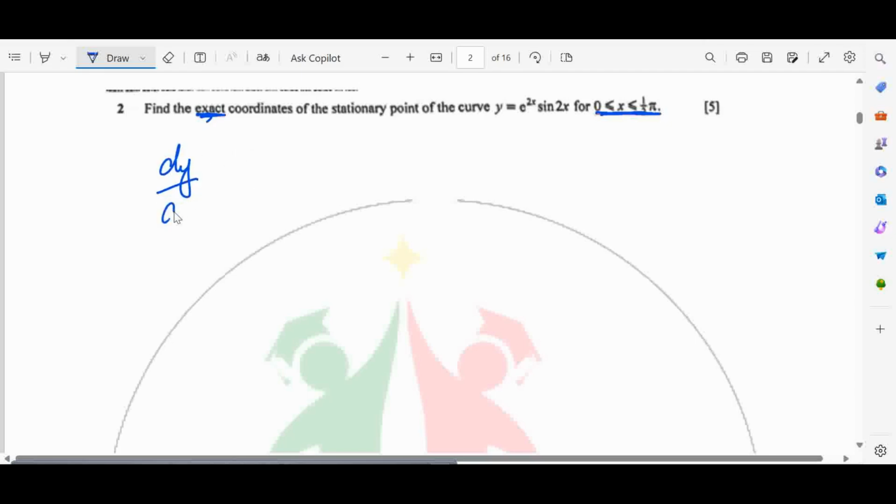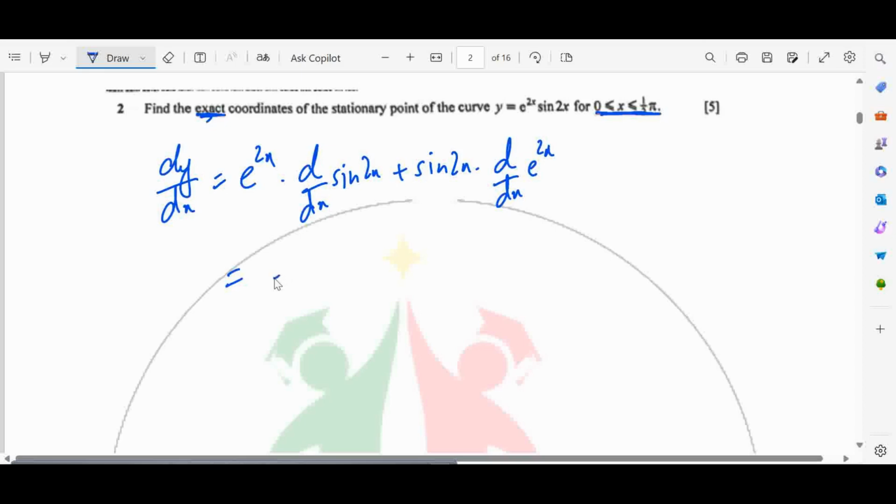Dy by dx will be equal to first into derivative of second, sine 2x, plus second into derivative of first. Now if we simplify it, the derivative of sine is cos 2x, so e power 2x into cos 2x.